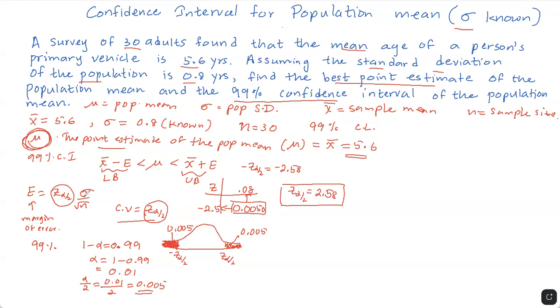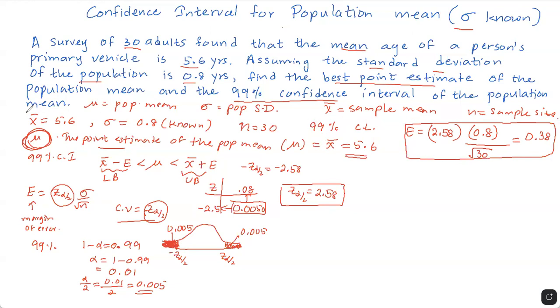So we have the critical value. Now we know the sigma value and square root n. So let's calculate the margin of error. So E equals 2.58, the critical value, which is z alpha over 2, times the population standard deviation 0.8, divided by the square root of 30. So the value of this one is 0.38. So the margin of error is this. And we know the sample mean x bar is 5.6.